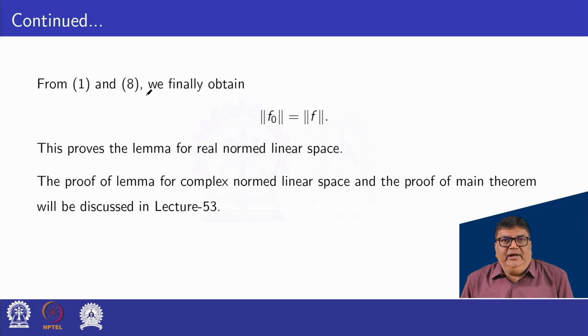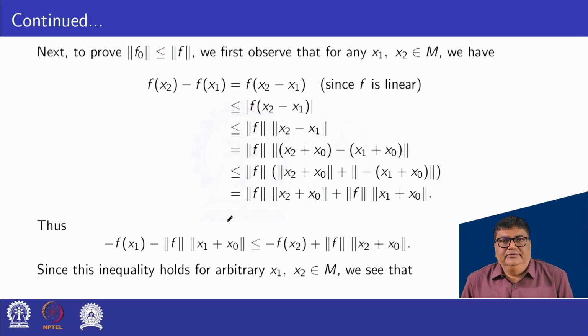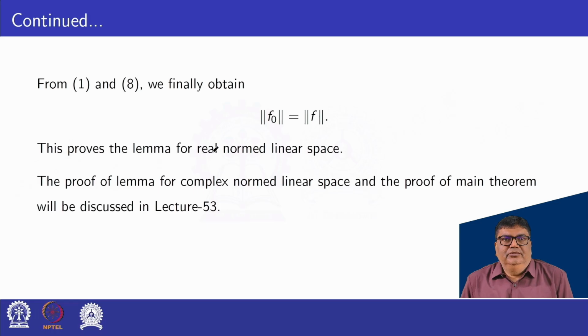So from 1 and 8 we finally obtain norm f0 is equal to norm f. Here norm f0 less or equal to norm f, and in equation 1, norm f less or equal to norm f0, and here norm f greater or equal to norm f0. So we finally obtain norm f0 is equal to norm f. This proves the lemma for real normed linear space.